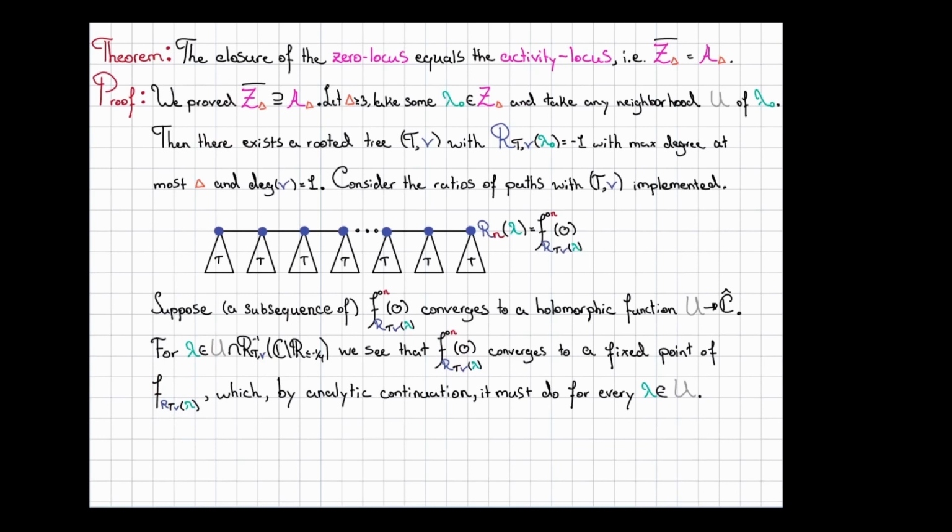But then by analytic continuation, since this is just some algebraic relation, this should hold for every lambda inside my U.